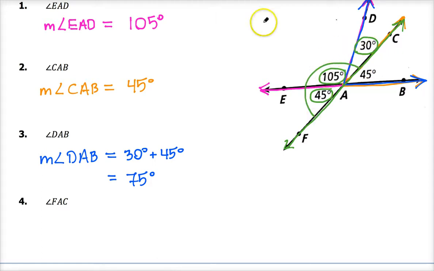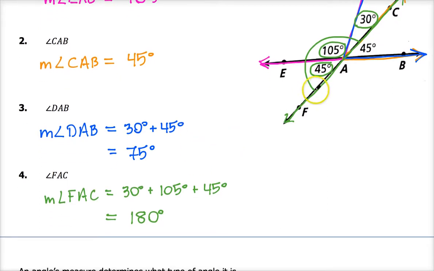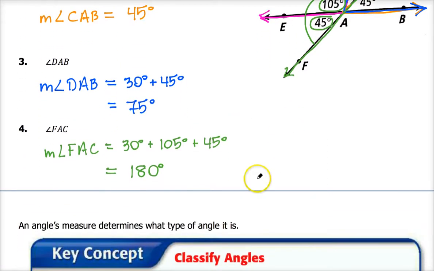If we add all three of those angle measures together, 30 degrees plus 105 degrees plus 45 degrees, we see that it measures 180 degrees. You're going to find that's true for all straight angles, and that's actually what we're getting to next.